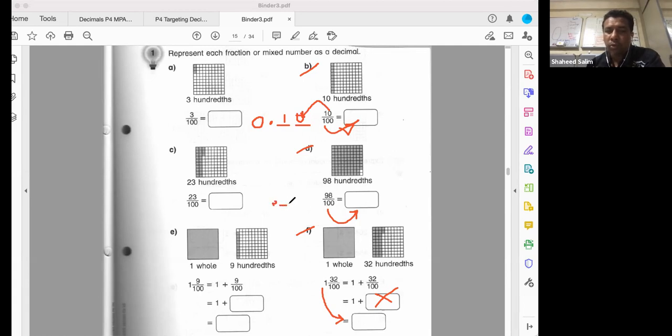Put dot, 2 zeros. And then ask yourself, anything in front here? Nothing. So you put the 8 down here and put the 9 down here. The last one, same thing. There's 2 zeros, 100. Put dot, 2 blanks. There's 1 before the dot. Put 1 here. Then 32. Okay, we move on to the next one.